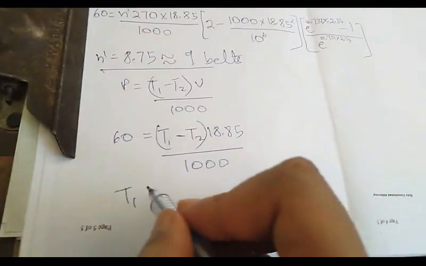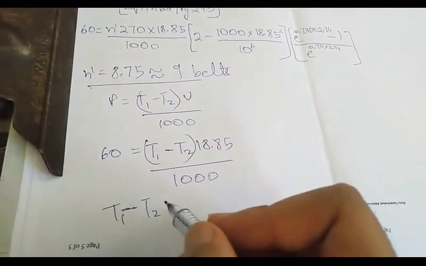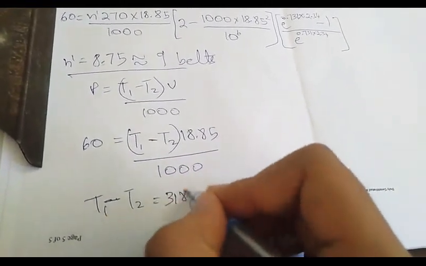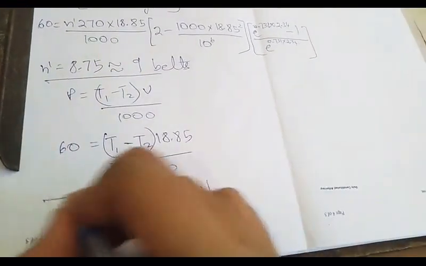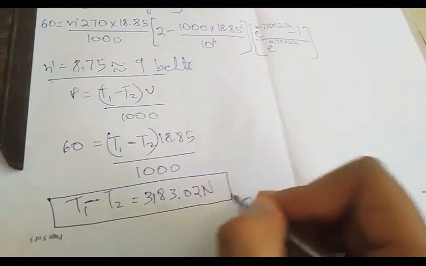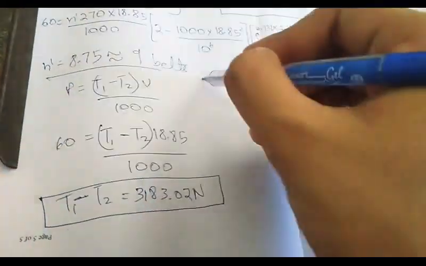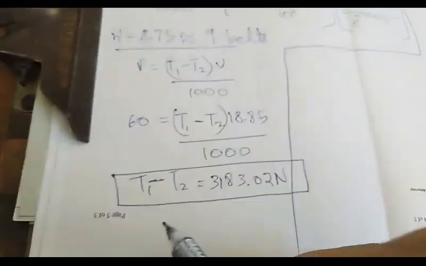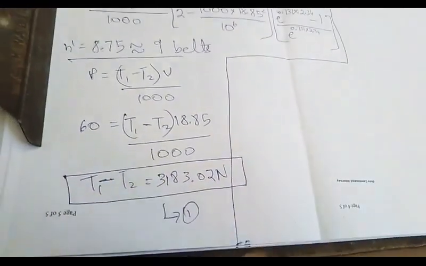By this formula I'll get the value of T1 minus T2 as 3183.02 Newton. Now we have found this difference in tension T1 and T2. We shall call this equation 1.